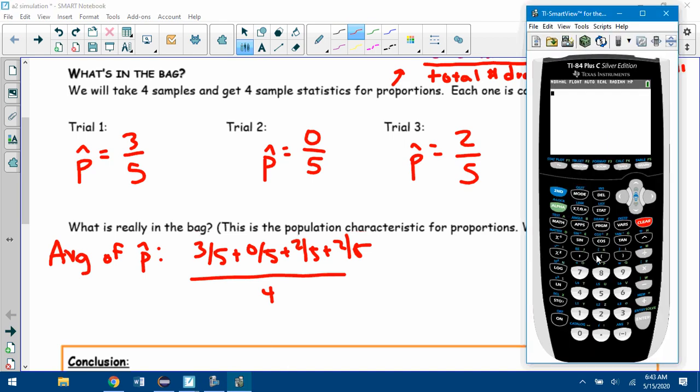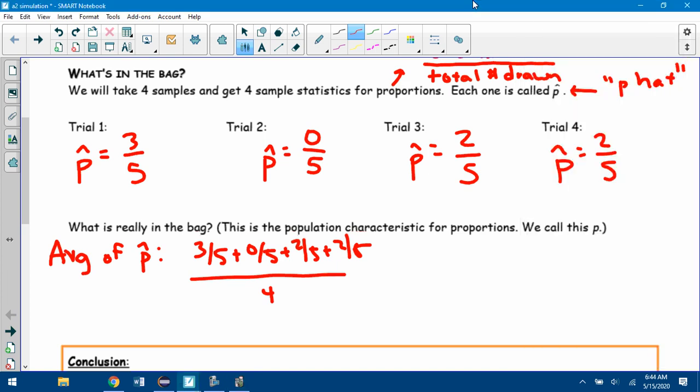Let's see what I get. I want to take the average of all my p-hats, divided by 4. What do I get? 0.35.